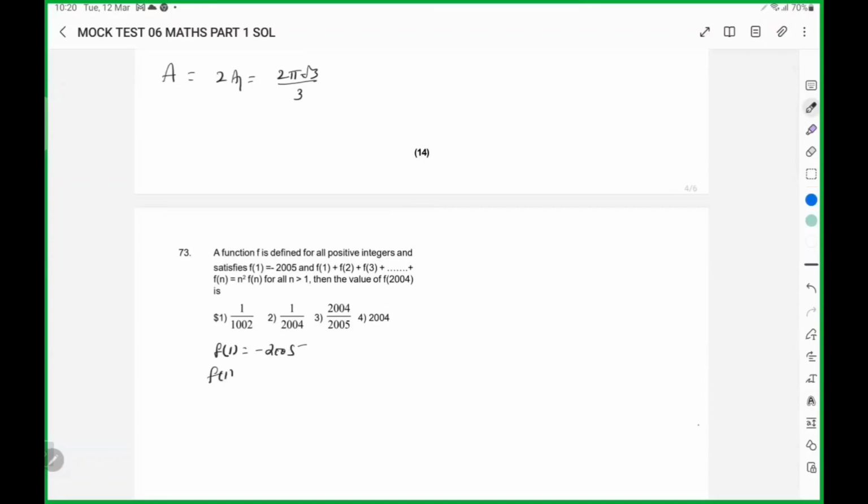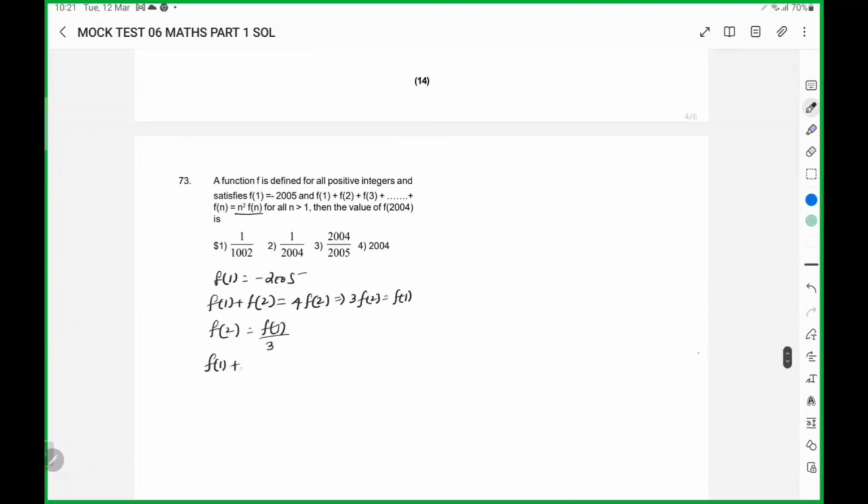F of 1 plus f of 2 according to the given relation 4f of 2. So f of 2 will be, f of 3 will be 9f of 3. So f of 1 plus 8f of 3. So f of 3 will be f of 1 by 6.